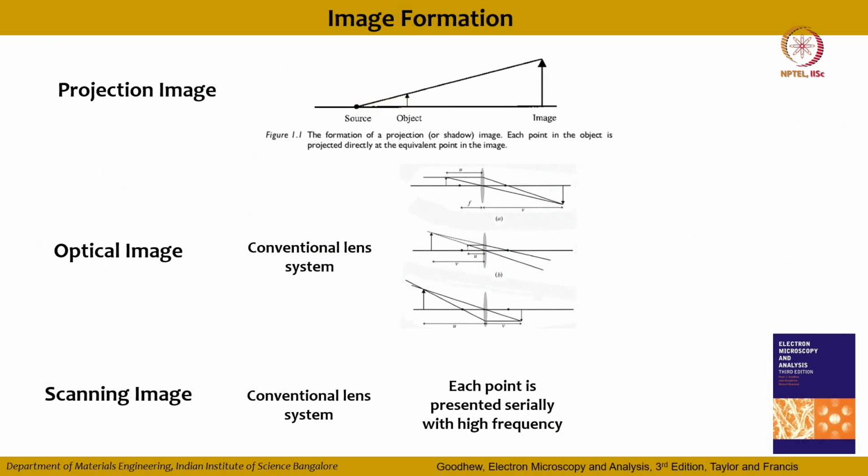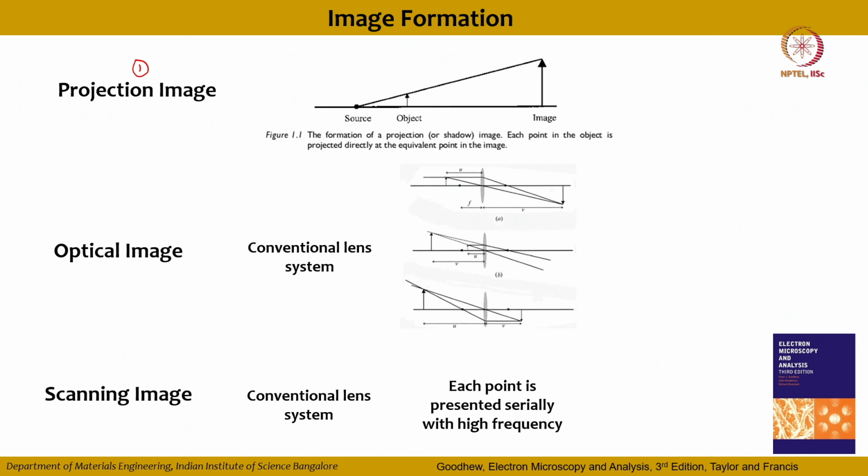Now, if you see image formation, there can be three types of image formation. The first one is projection. Projection is nothing but how the object is projected, or you can mimic it with the projection of a shadow.